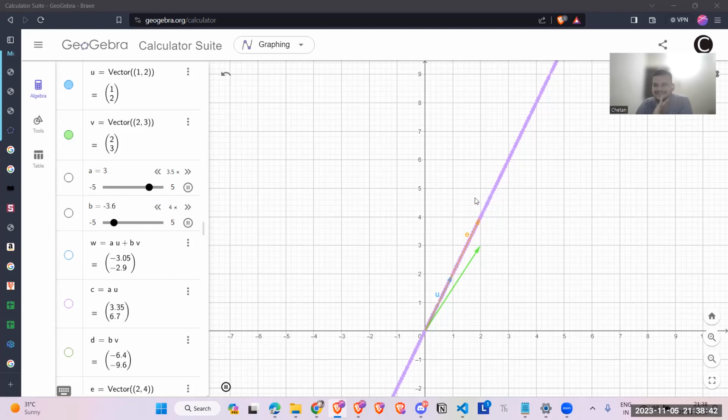Anyway, can you see what's happening here? Can anyone tell me? Farad actually pointed out a very important thing that we want to observe here as well.